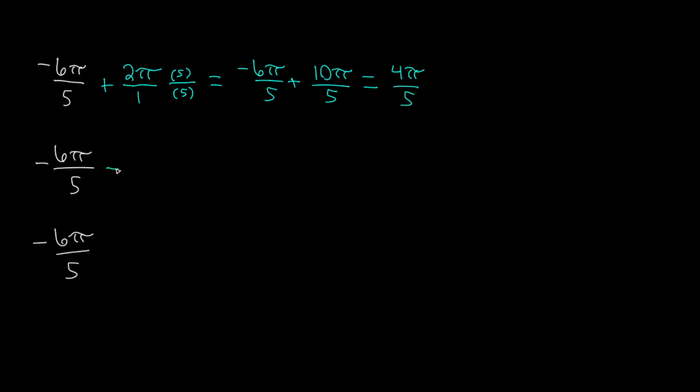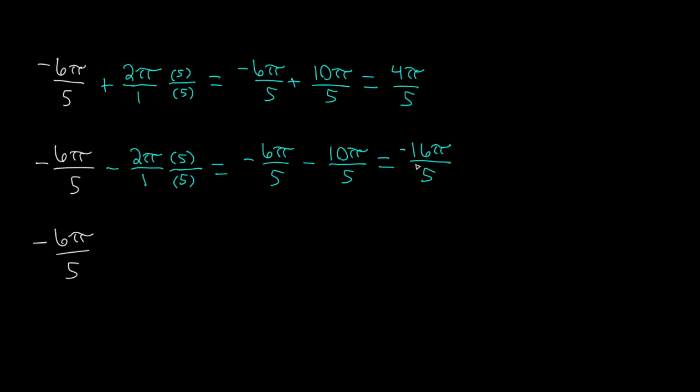Now let's find a negative coterminal. Subtract 2 pi. Denominators do not match. Multiply by the denominator you need on bottom and top. We end up with negative 6 pi over 5, subtract 10 pi over 5, which ends up being negative 16 pi all over 5.